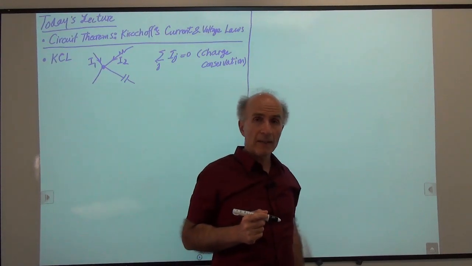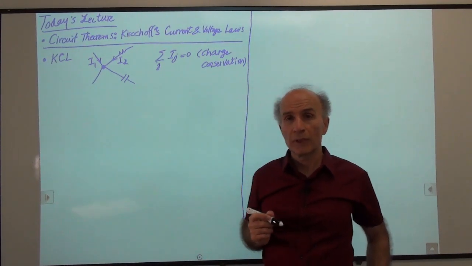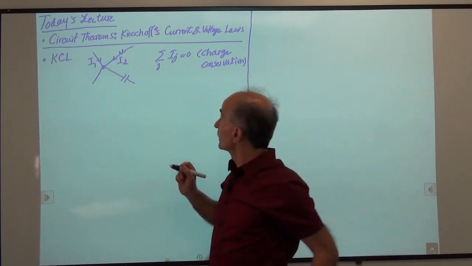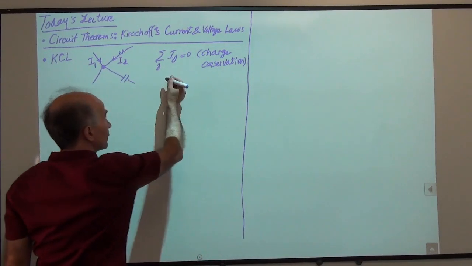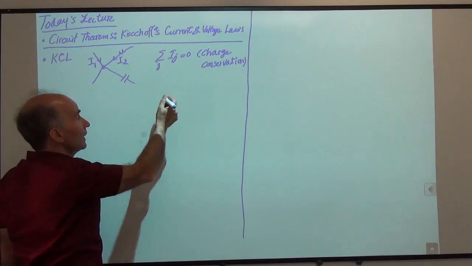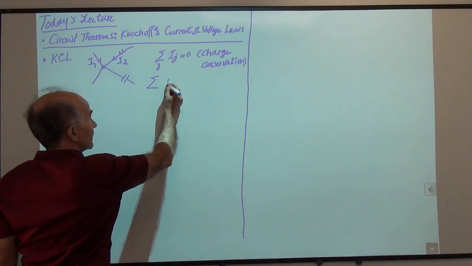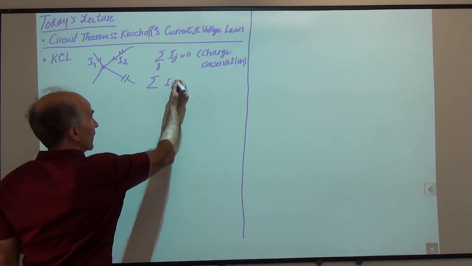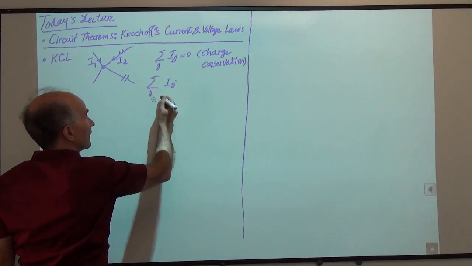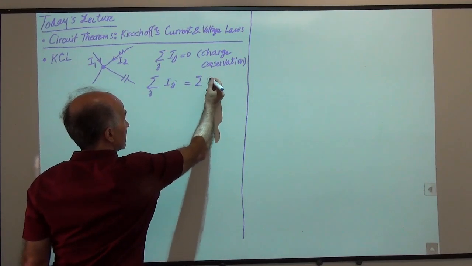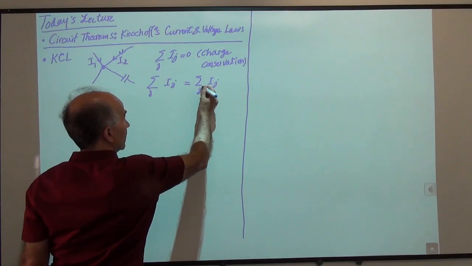Now, in some cases, we rewrite this equation in a slightly different form. And we might write it like this. So this is also equivalent, and whichever you're comfortable with or the occasion calls for, you can try. So we can say sigma I sub j is equal to sigma I sub j.